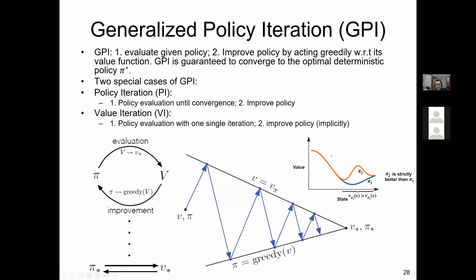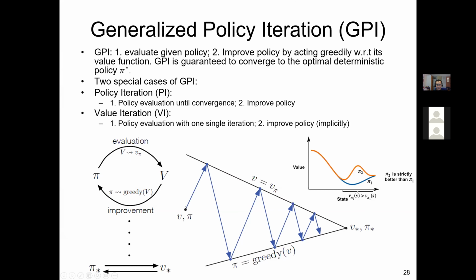Greedy policy improvement means that in every iteration of GPI, you always get a better policy pi 2 in terms of the value. In some states, pi 2 will have a higher value than pi 1.